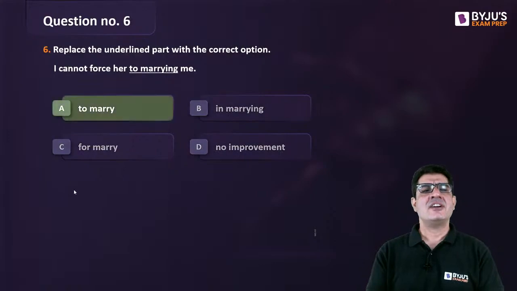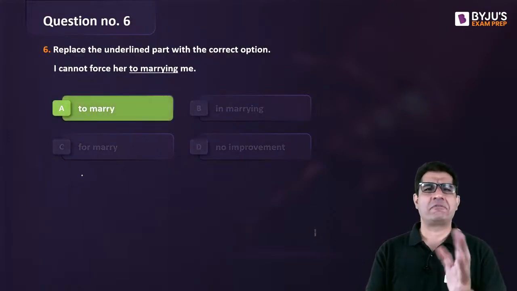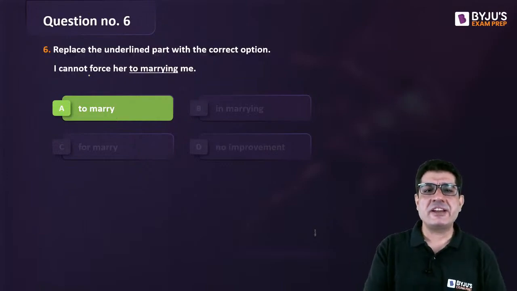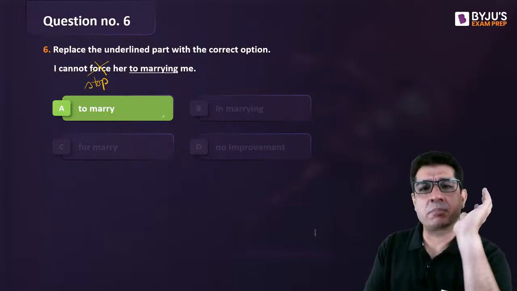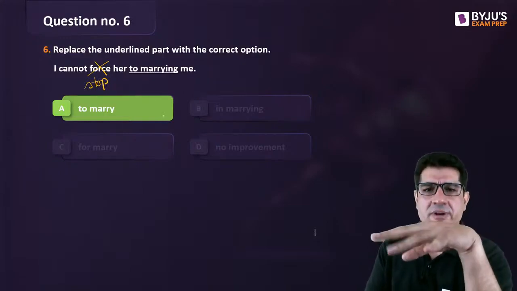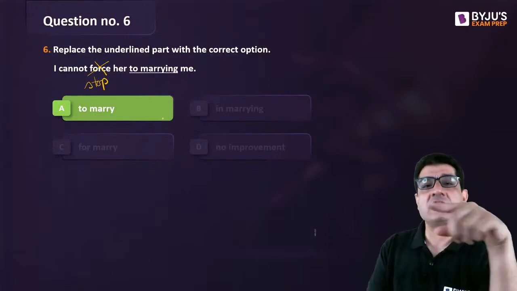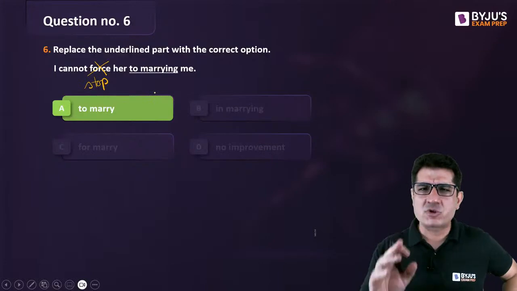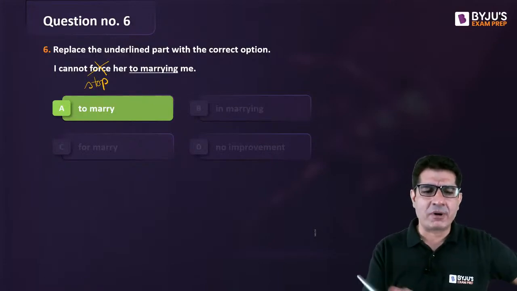Absolutely correct. To marry. We know infinitive, right? To plus verb's first form. Okay, let me twist it a little. If I change this force into stop, then what should I put in the underlined part? Mind you, there is no right option otherwise, so create your own option. If I replace force with stop, what should the correct option be now? Come on, share it in the chat box down below.